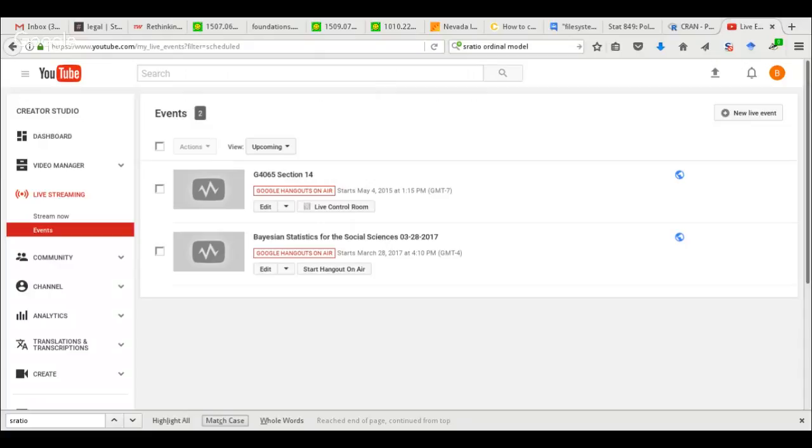Okay, so we're going to do in a second an ordinal model comparing the different ways to do it. We haven't talked about ordinal models yet. They're extremely common, or there are lots of opportunities to do them in the social sciences. Pretty much most survey questions about politics or stuff like that will take answers on an ordinal scale.